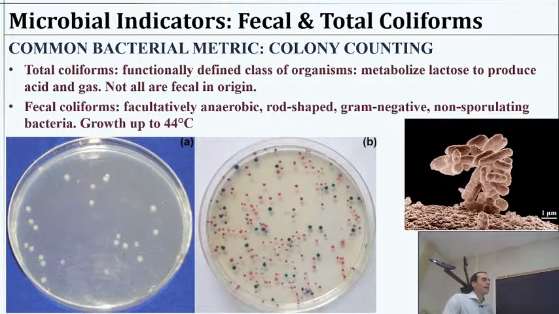Okay, so the next type of indicator or type of test we would talk about is fecal and total coliforms. So this is, again, a direct callback to our interest in making sure that we have a good understanding of potential for pathogens, right? We have that fecal oral route of transmission.